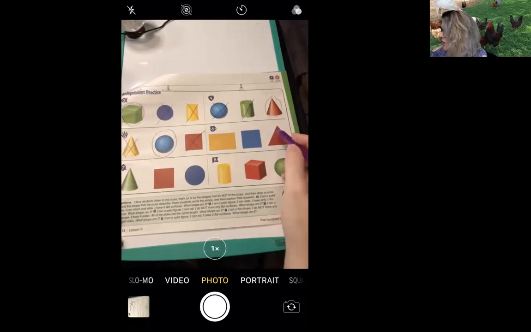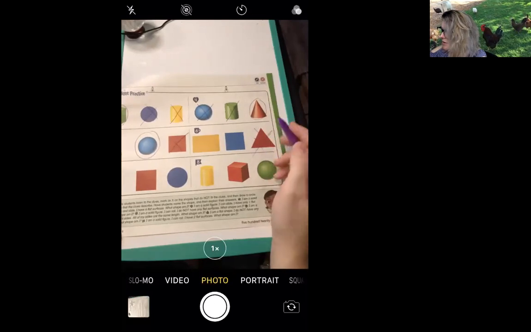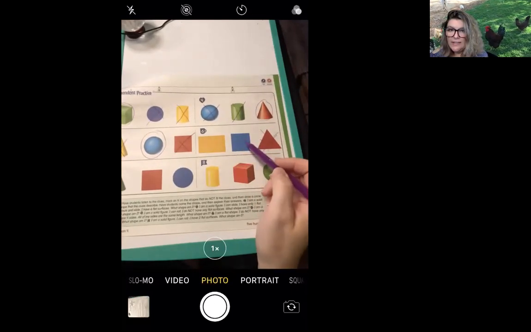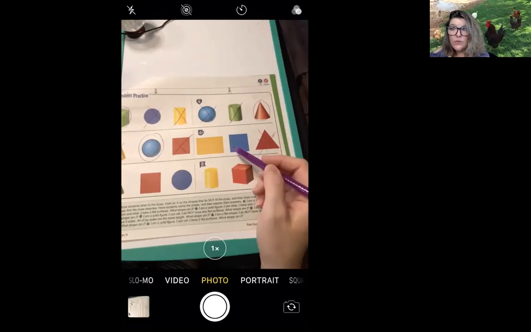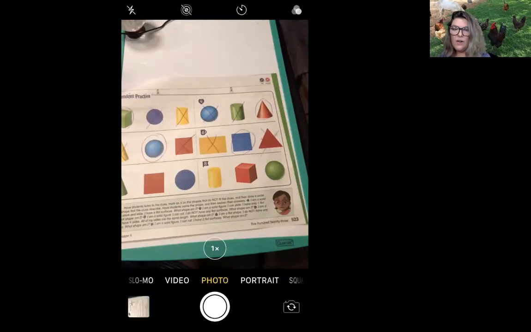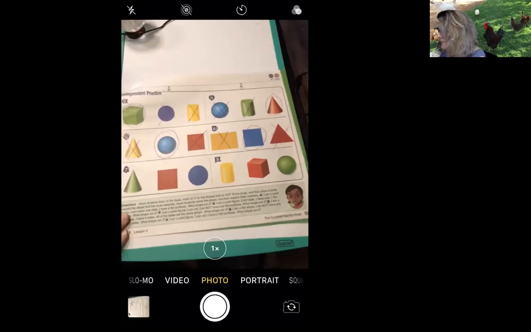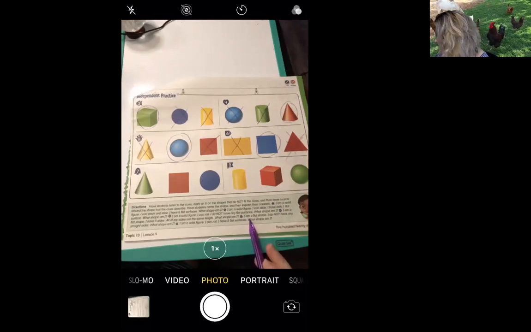Because I was thinking, okay, well, triangles only have 3 sides, so it can't be a triangle. But these both have 4 sides. But which one has the sides that are the same length, the rectangle or the square? Yeah, the square. All the sides are the same length, so it's not the triangle. Nice work. Let's look at number 7. Are you ready? Number 7 says, I am a flat shape.